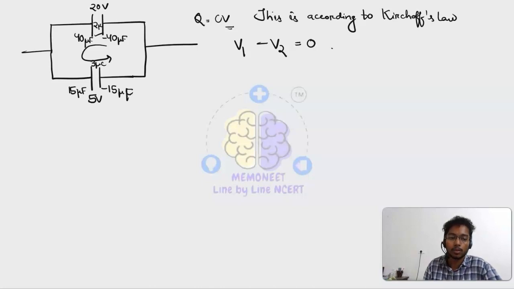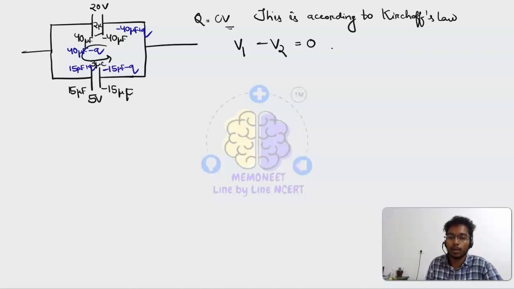What will it be? Let's say we have 40 microfarad here, minus Q charge is taken and it is transmitted to this one, which has 15 microfarad plus Q, and this plate will have minus of 15 microfarad minus Q, and this will have minus of 40 microfarad plus Q. Okay, the charge must have transferred.